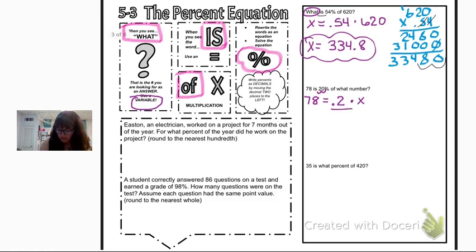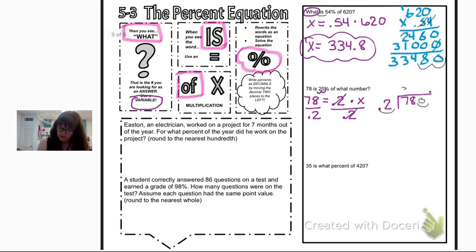Well, to undo multiplying, we divide. And that gets rid of it over here. So x equals 78 divided by 2/10. Can't have a decimal outside the house, so move it over 1, which means we have to move the decimal over 1 inside the house, and we'll fill that hole with a 0.